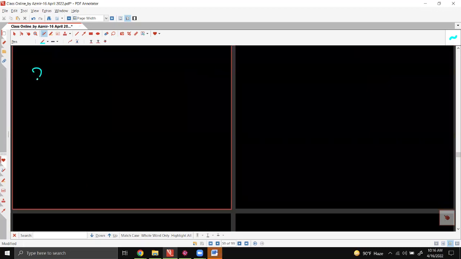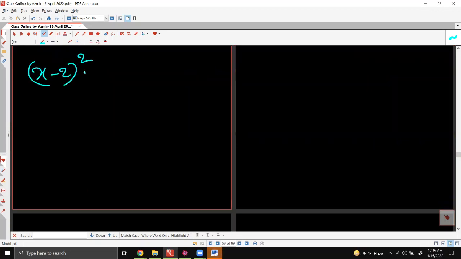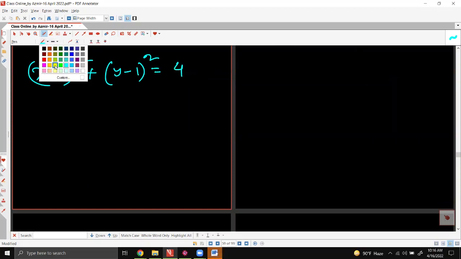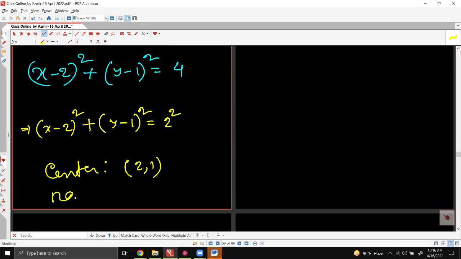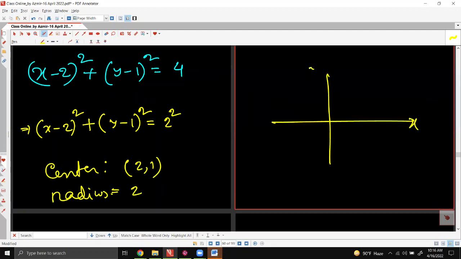So let's say we have (x minus 2) squared plus (y minus 1) squared equals 4. This is an equation of a circle, because if we write this as (x minus 2) squared plus (y minus 1) squared equals 2 squared, then the center is (2, 1) and the radius is 2. So this is the x-axis, this is the y-axis. Let us look at the center.